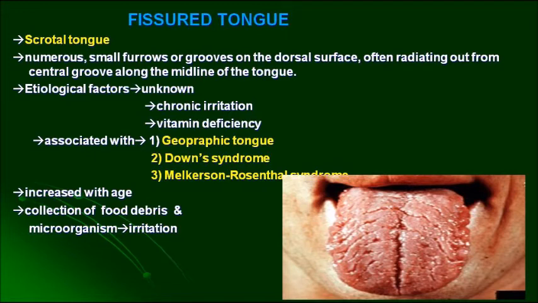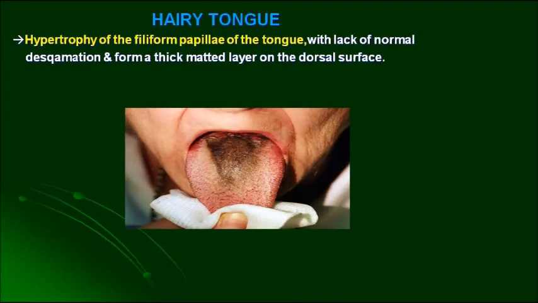The same clinical significance as in bifid tongue: collection of food debris, microorganisms and irritation. Clinically the patient will have difficulty because of the collection of food debris in these fissures, the growth of microorganisms and irritation, okay. So remember, fissured tongue is otherwise known as scrotal tongue and the associated conditions are geographic tongue, Down syndrome and Melkersson-Rosenthal syndrome.